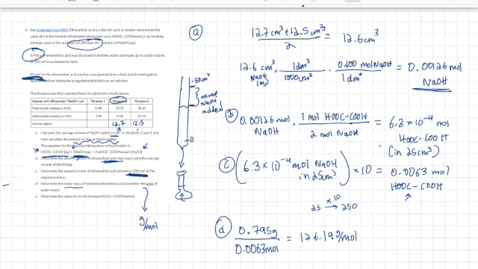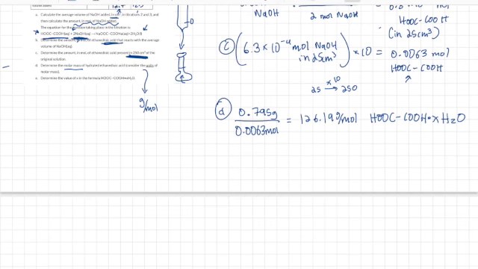And remember, we were dealing with the hydrated ethane dioic acid. So this is the molar mass for HOOCCOOH with some amount of water associated with each molecule.